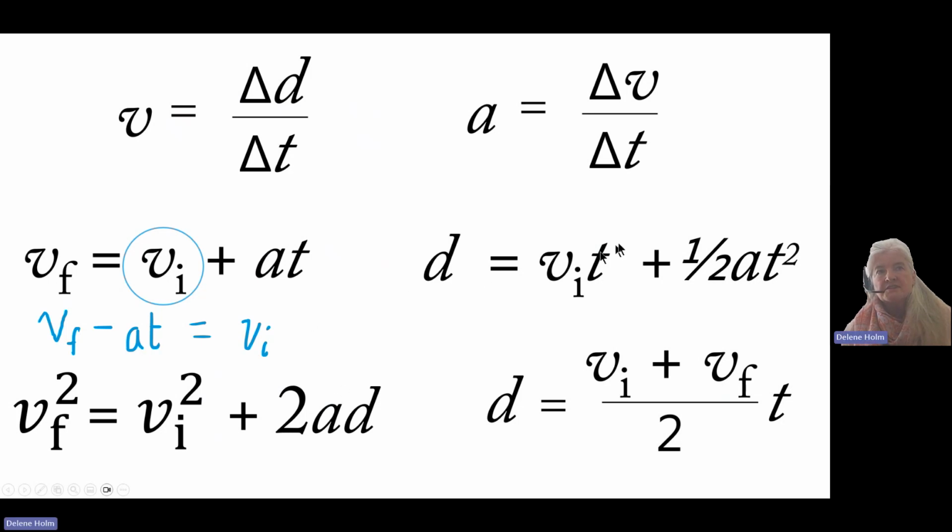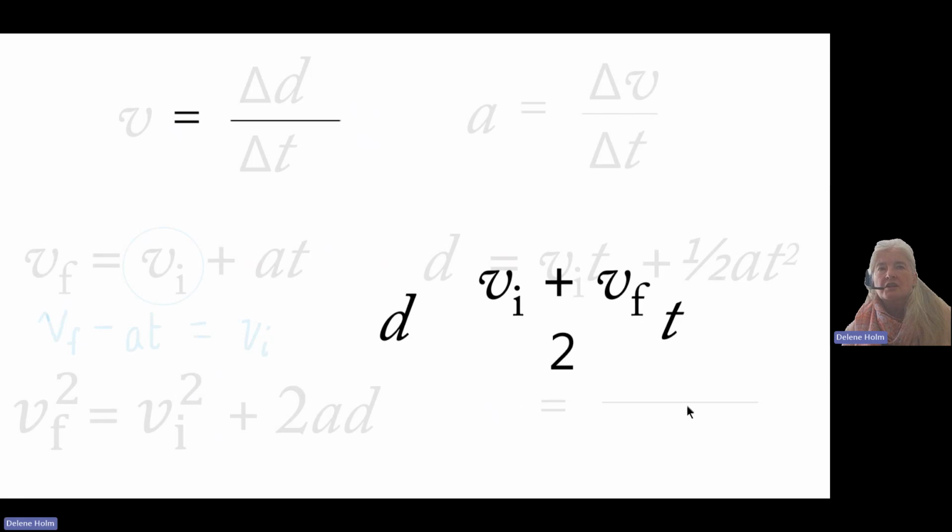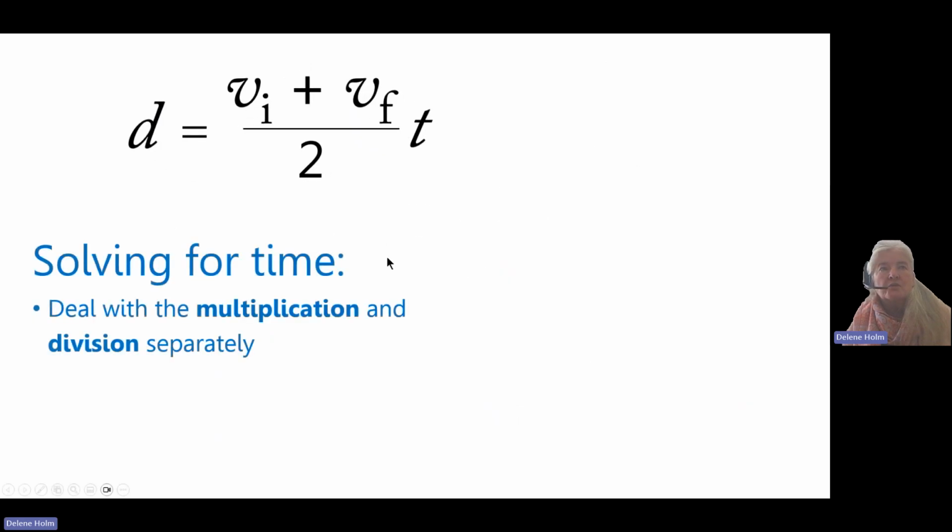Now, as I say, these are very similar in working out or manipulating as this one. So I want to look at this one in a bit more detail because it looks as though I've got an addition and a division, but let's look at it in more detail. So there's the equation, and I want to solve for time. Now, this is really one big term, but because it's got a top part, a numerator, and a bottom part, the denominator, I treat that as the multiplication term and I treat that as a division term.